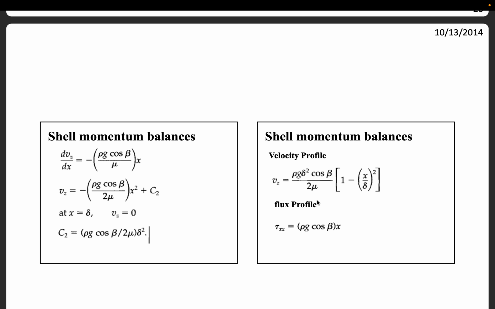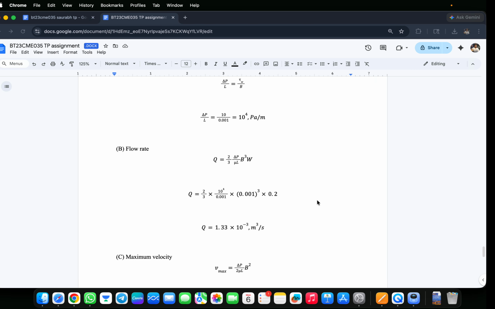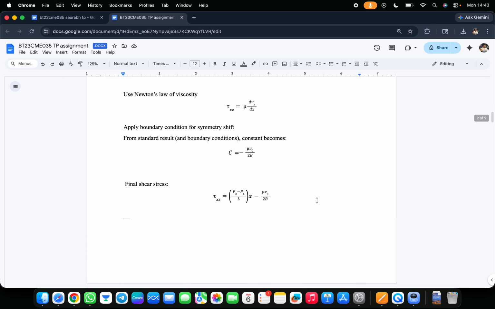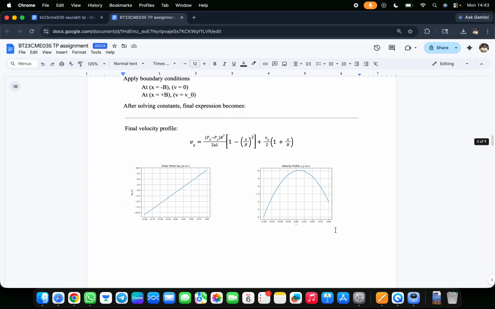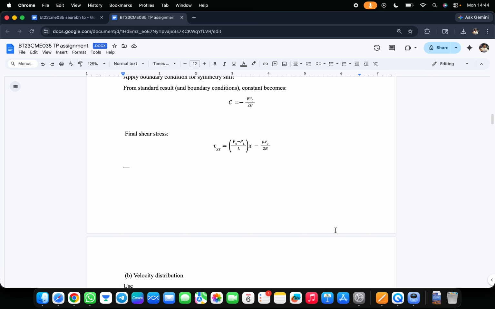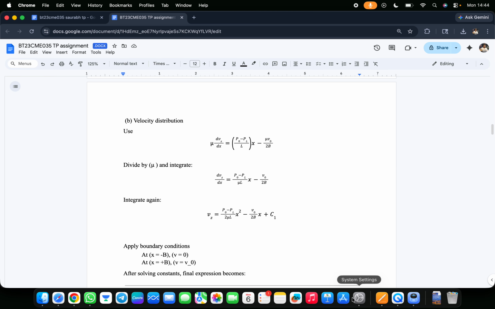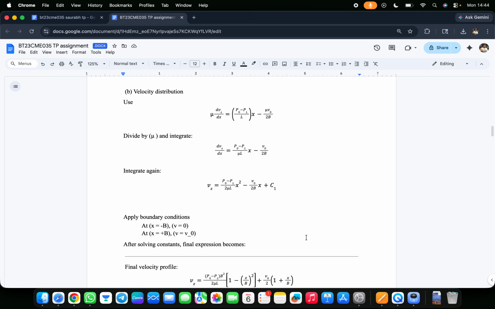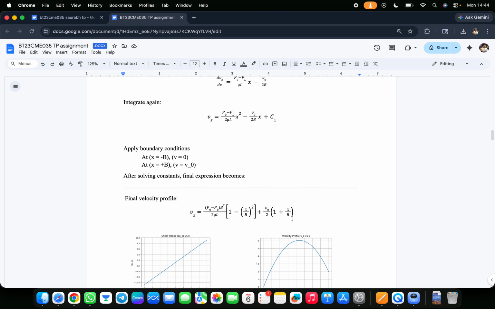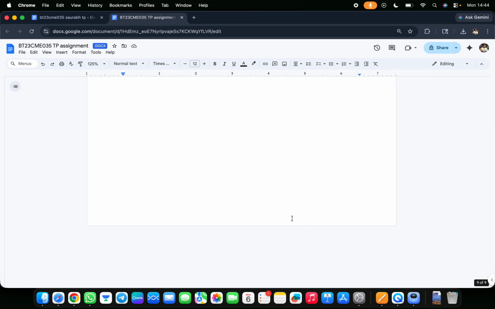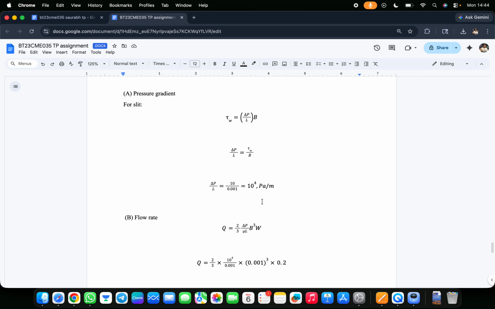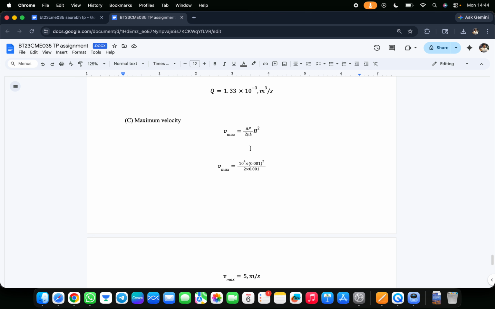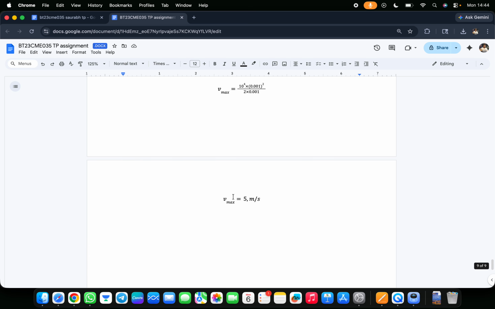Okay, so where will the velocity be maximum? As in the first question, velocity will be max at del P by mu. So we have to differentiate that, and when we differentiate that, V max will come this, and after putting the values we will find this value.